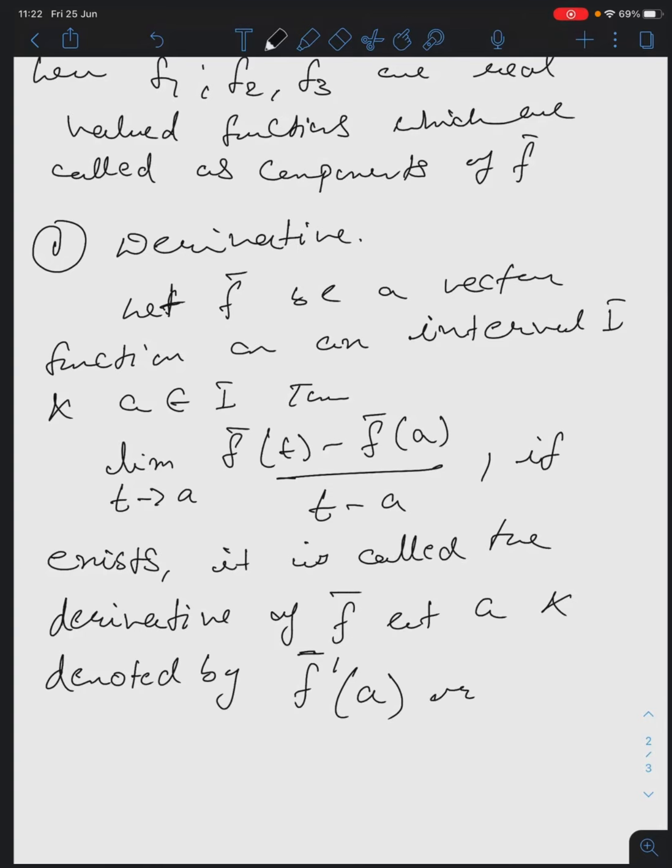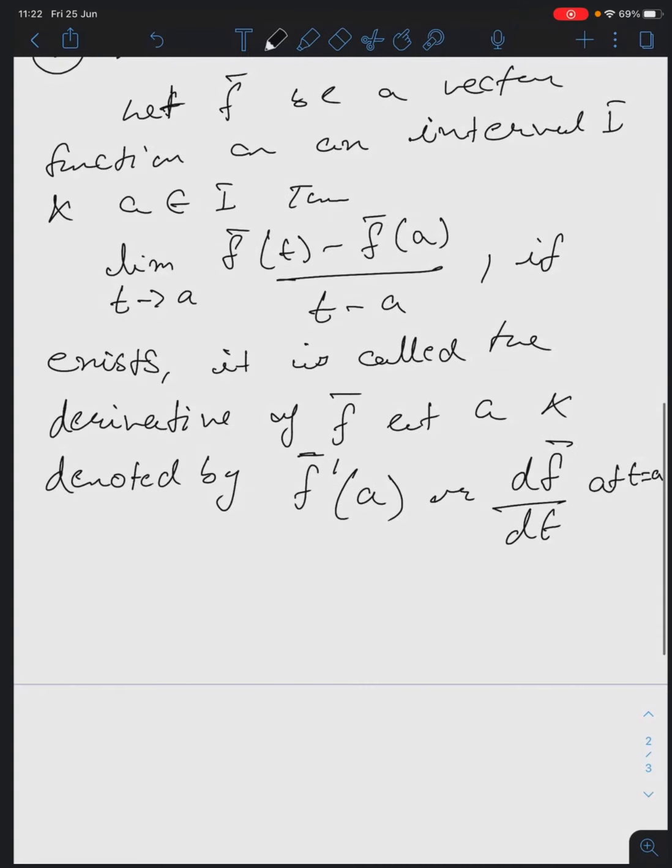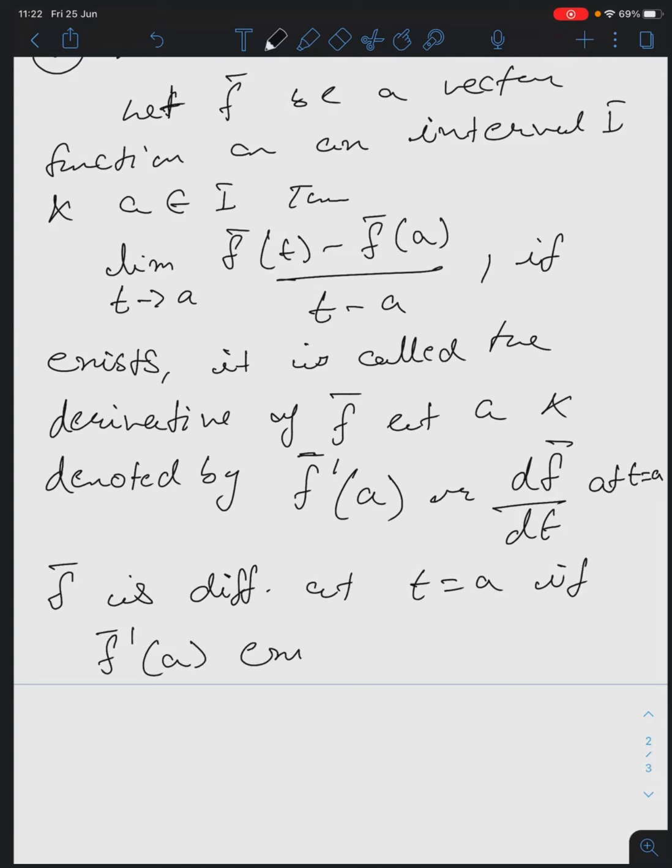This is one form. The other way is to write dF bar by dt at t equal to a. In other words, we say F bar is differentiable at t equal to a if F bar dash of a exists, that means this limit as t tends to a exists.